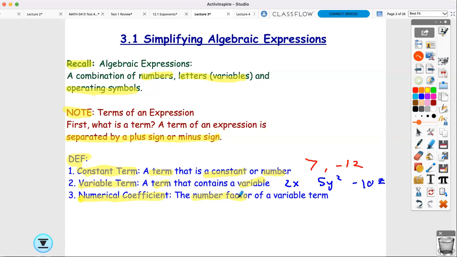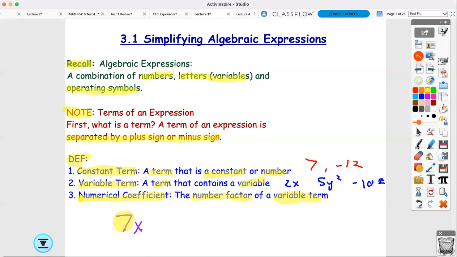It's the number factor of a variable term. For example, let's take 7x. The numerical coefficient is the 7. It's a variable term because there's an x involved, but the 7 is the number factor of the variable term.